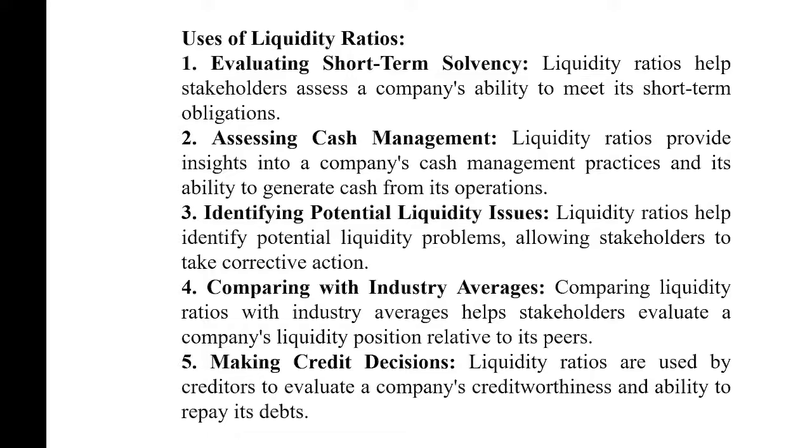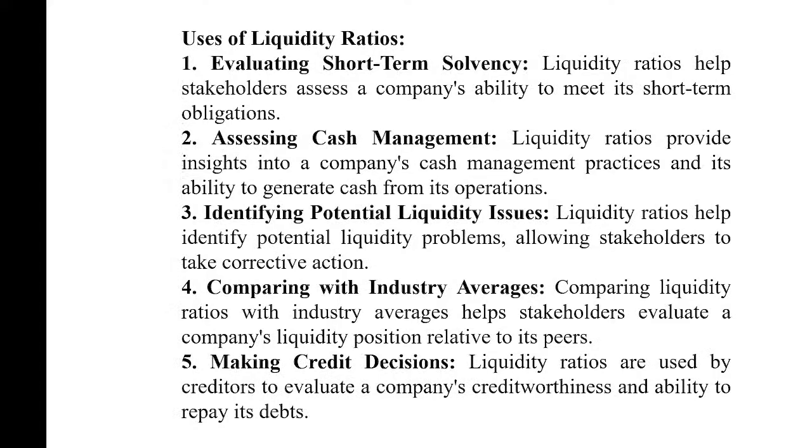So they might say, no, because of our liquidity issue, we will not sell on credit. It will help the company to make credit decisions. It will also help the customers to make credit decisions. That's what liquidity ratio does.